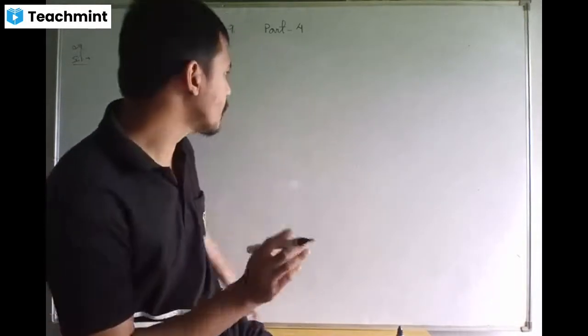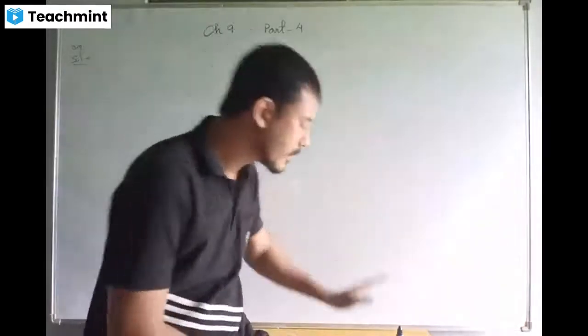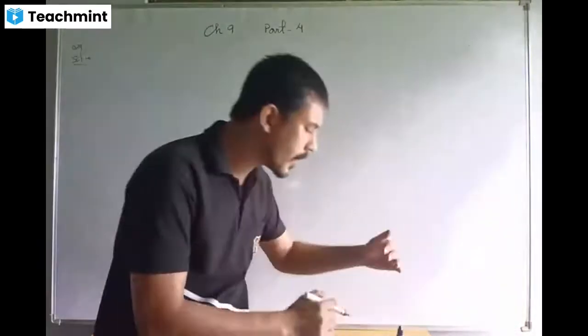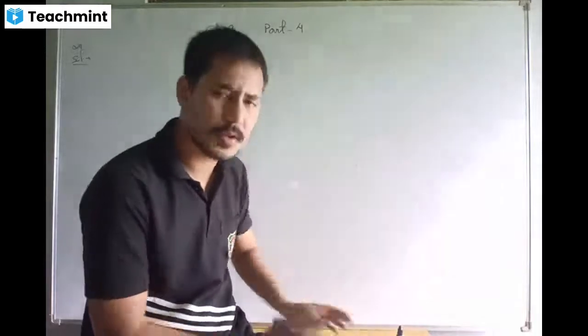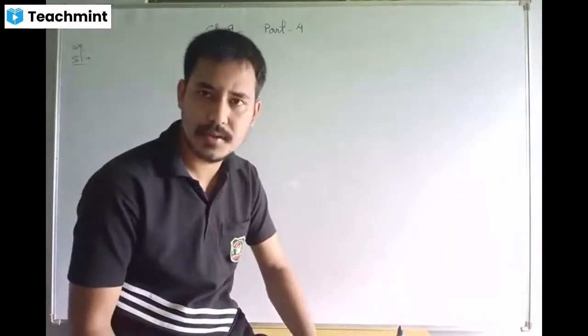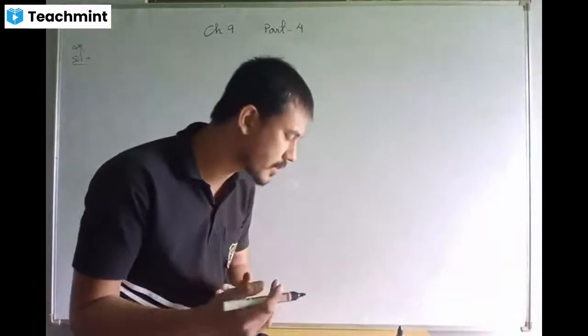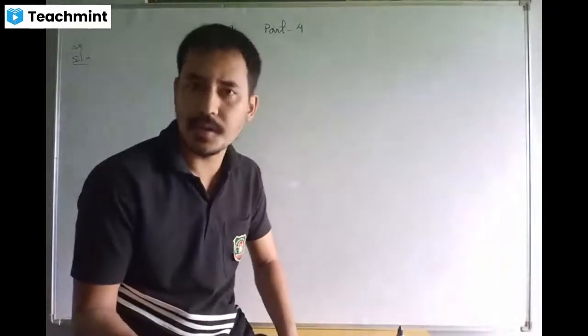Okay, reading only up to this part of the question, let us try to draw the figure. Of course, figure is given, but let us try to understand how this figure is drawn, all right?